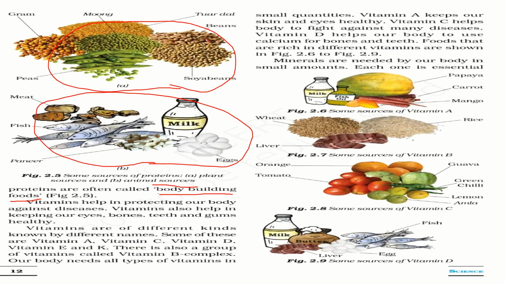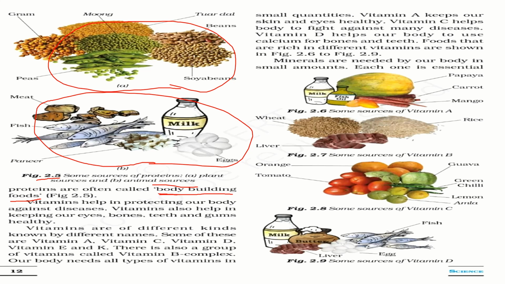Some of the boys who are doing daily exercises or going to the gym hold that protein in their hands, which shows they eat body building foods, rich in protein. Okay, this figure 2.5 shows us some sources of protein, plant source as well as animal source. We have seen it in the previous slide also.